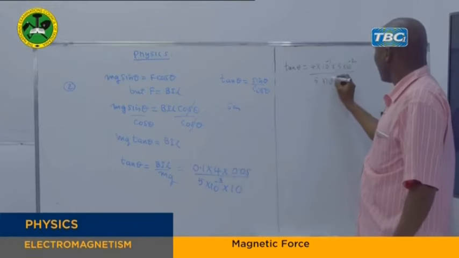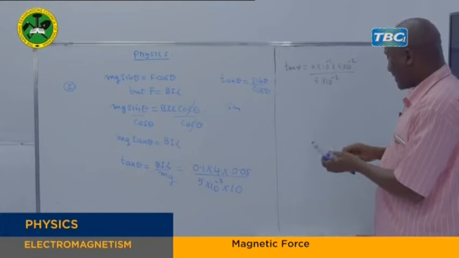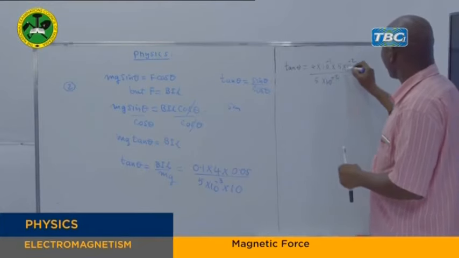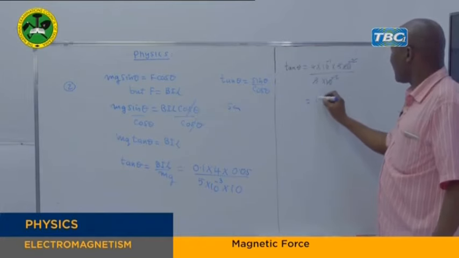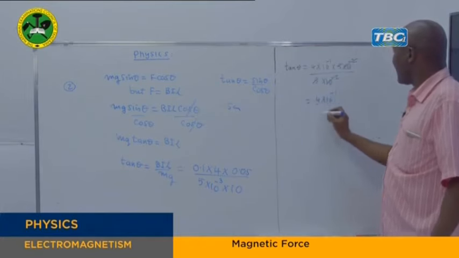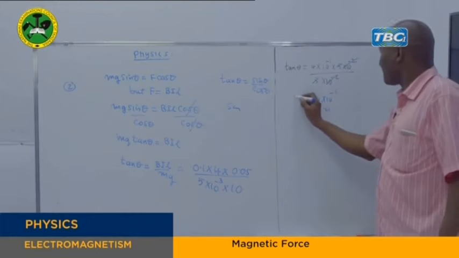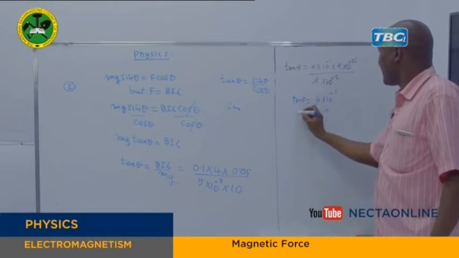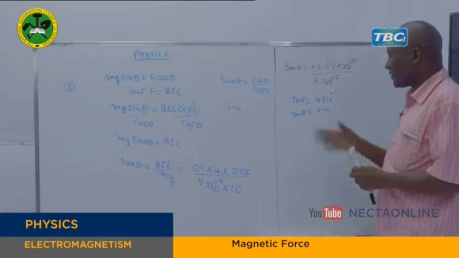These negative 2s we cancel out, very easy, and then we are left with 4 times 10 negative 1. This equals 0.4. So tan theta equals 0.4. Check your calculator.